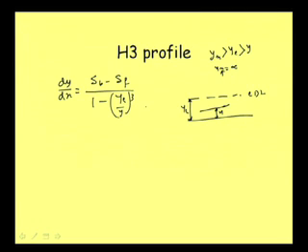Now for H3 profile, y is less than or equal to yn, just like H2 profile, this condition is also valid here. When y is less than or equal to yn, we have SF greater than or equal to SB, and SB equal to 0.